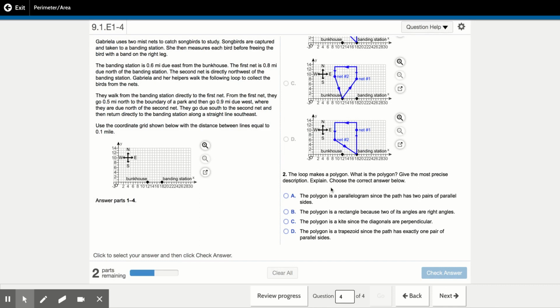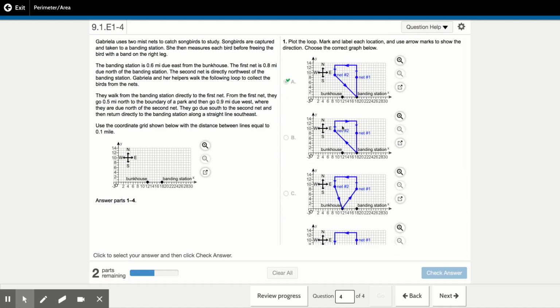All right, for the second one, it says the loop makes a polygon. What is the polygon? Give the most precise description, explain, and choose the correct answer below. For part A, it says the polygon is a parallelogram since the path has two pairs of parallel sides. Does it have two pairs of parallel sides?